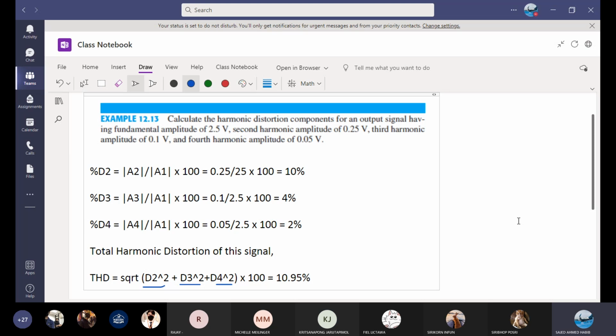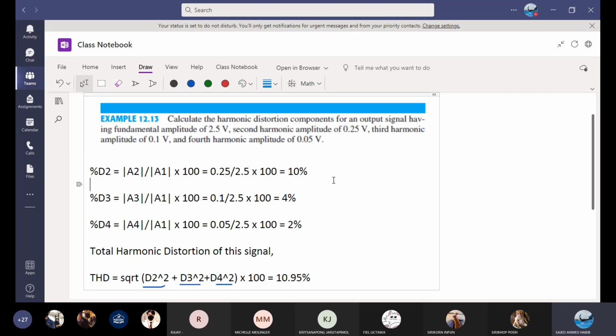Oh, yes, there's a mistake again. I typed wrong. It is 2.5. So let's fix that right now, because the amplitude of the main is 2.5. 0.25 over 2.5 is 0.1.